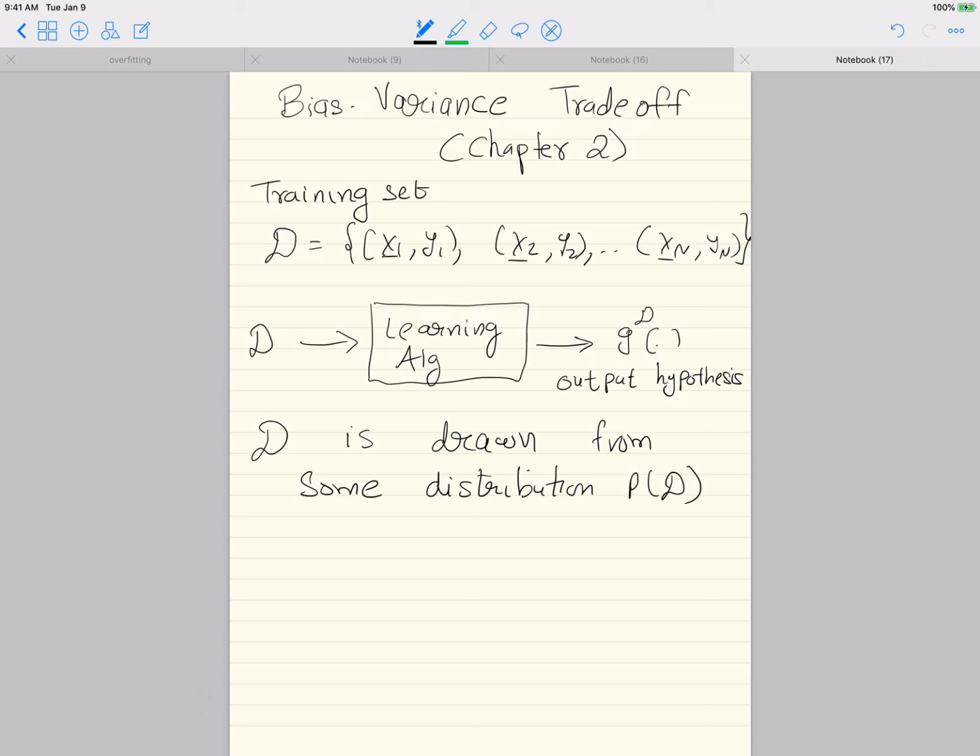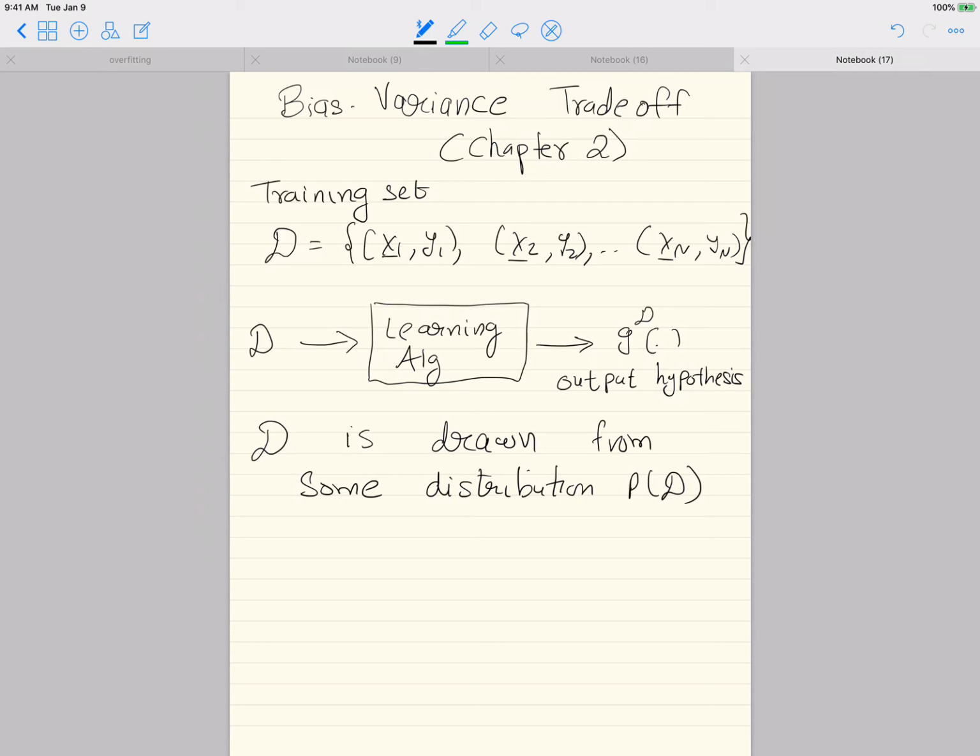Previously, we were making a stronger assumption. We were saying that each data point here, x1, x2 to xn, is drawn IID, right? So we don't need to go in that much detail in this analysis. We just assume that there is some distribution on D.